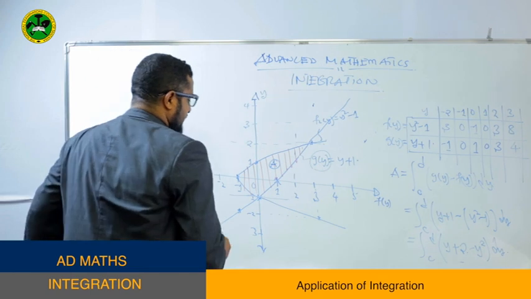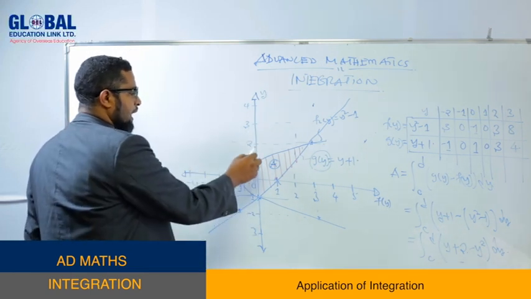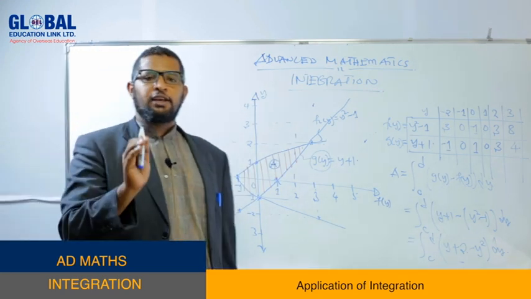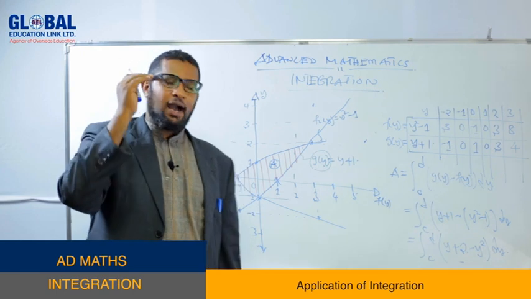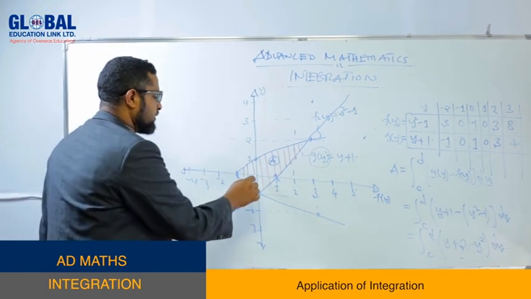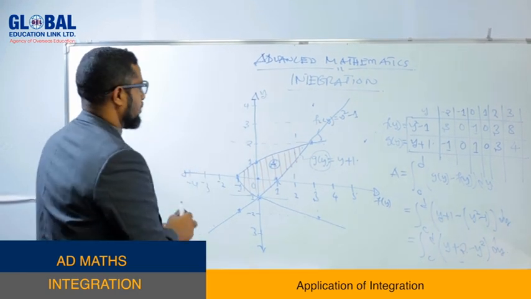Now again, looking vertically, we have from negative 1 up to positive 2. You cannot find the area directly from a negative number to a positive number. Here you are supposed to break down from negative 1 to 0, and then from 0 up to 2, like this one.